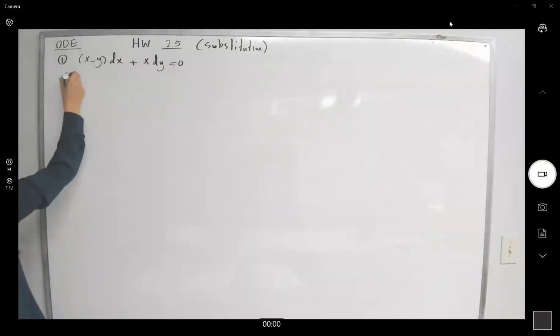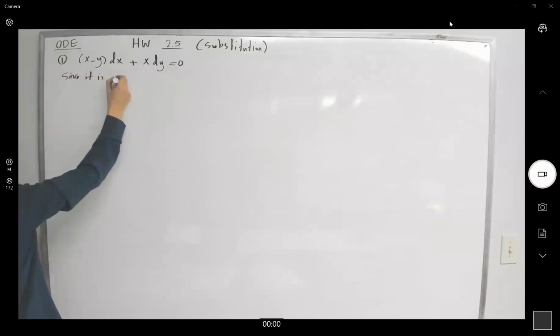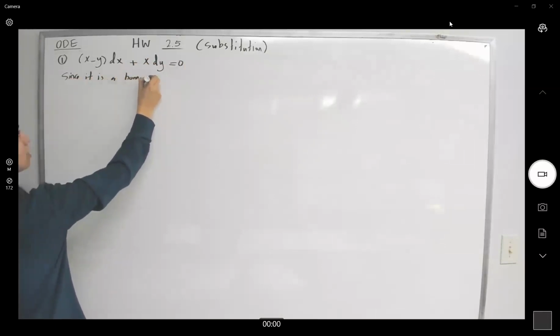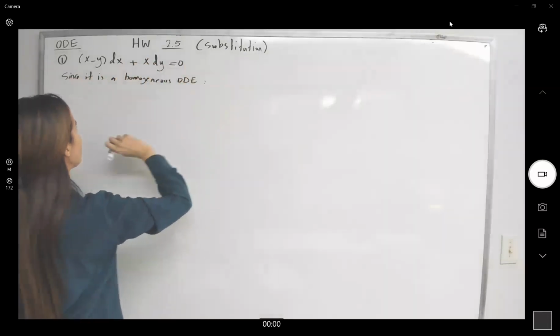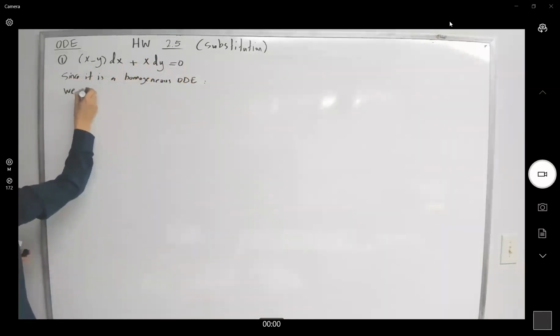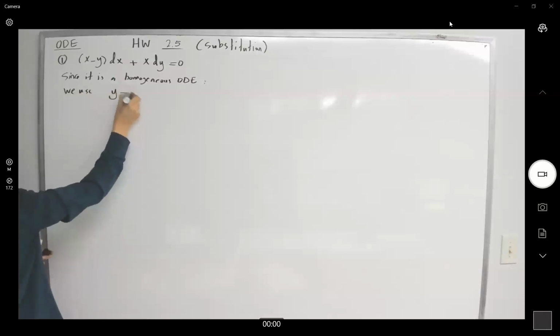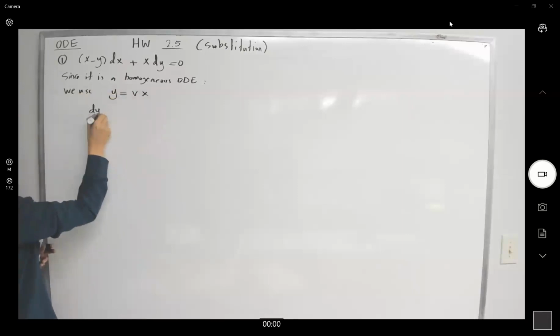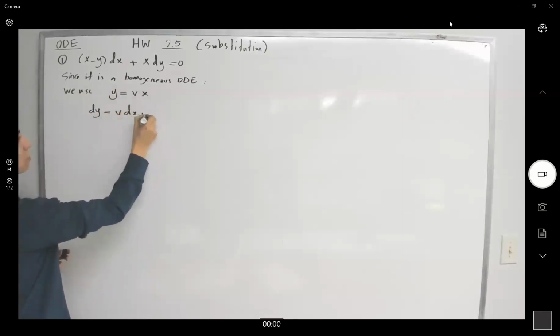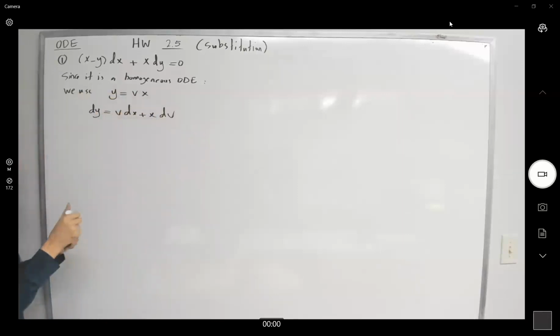So since it is a homogeneous ODE in differential form, we use y equals v times x as the substitution, and dy is v dx plus x dv.